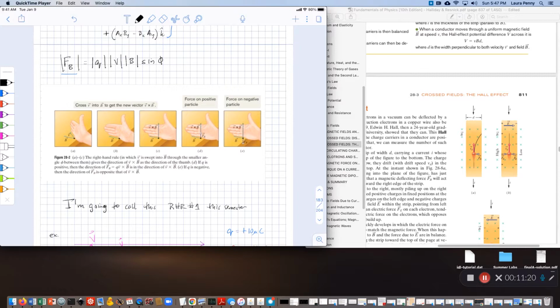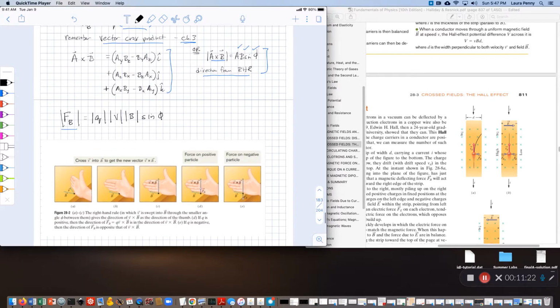Remember that when we do the right-hand rule, what you basically do is you have to use your right hand first of all. You put your fingers in the A vector, the first vector's direction, and then you curl your fingers or sweep them over to the B vector's direction.